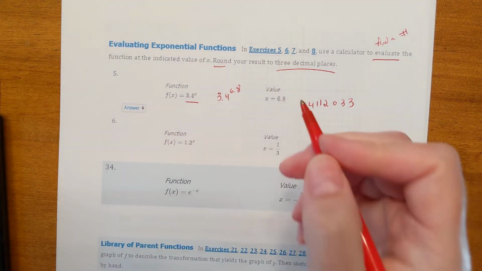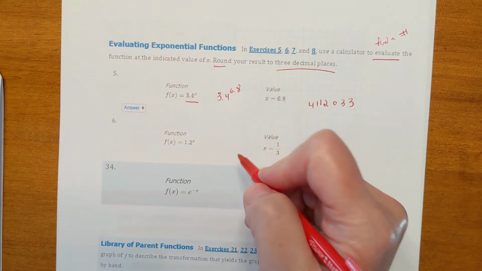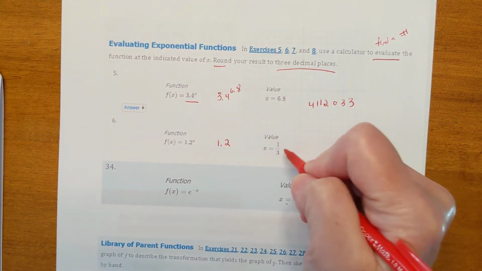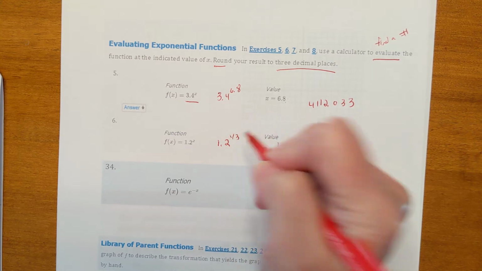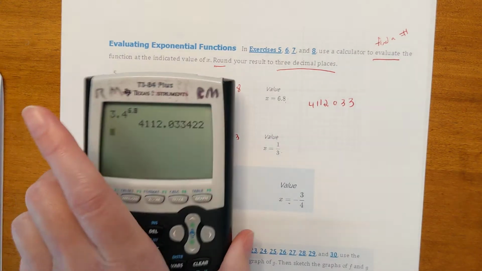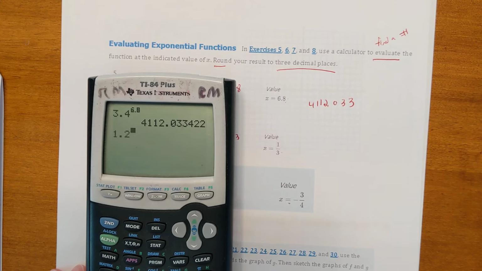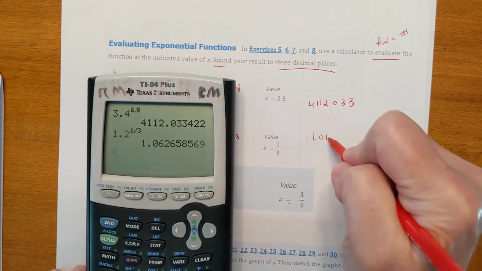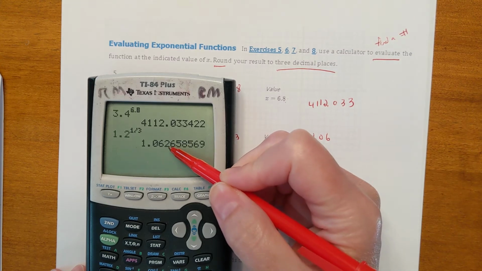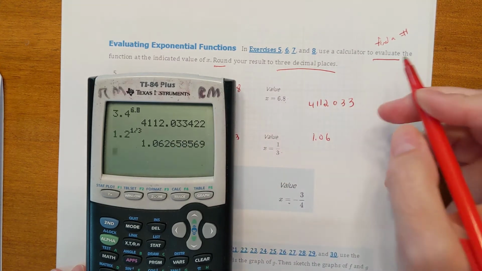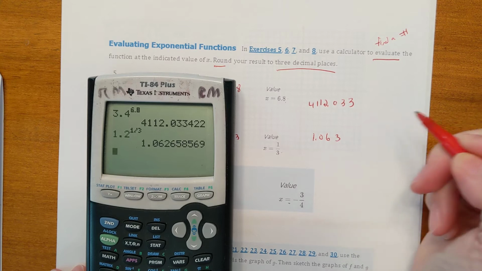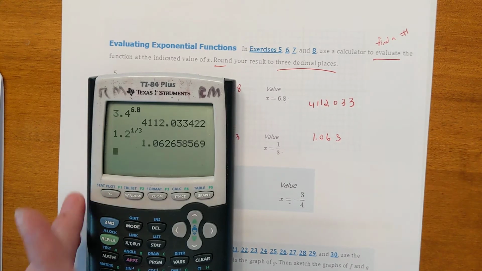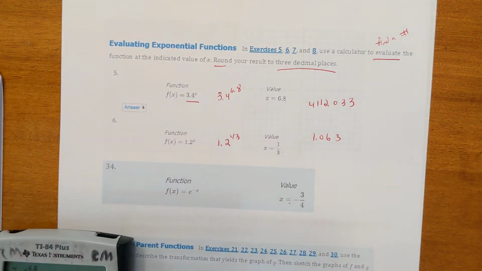The next one says 1.2 to the x, and x here is 1/3. So 1.2 to the 1/3. And that gives you 1.063. I'm going to round that 2 up to 3 because the number after it is 5 or more. So 1.063, or 1 and 63 thousandths.